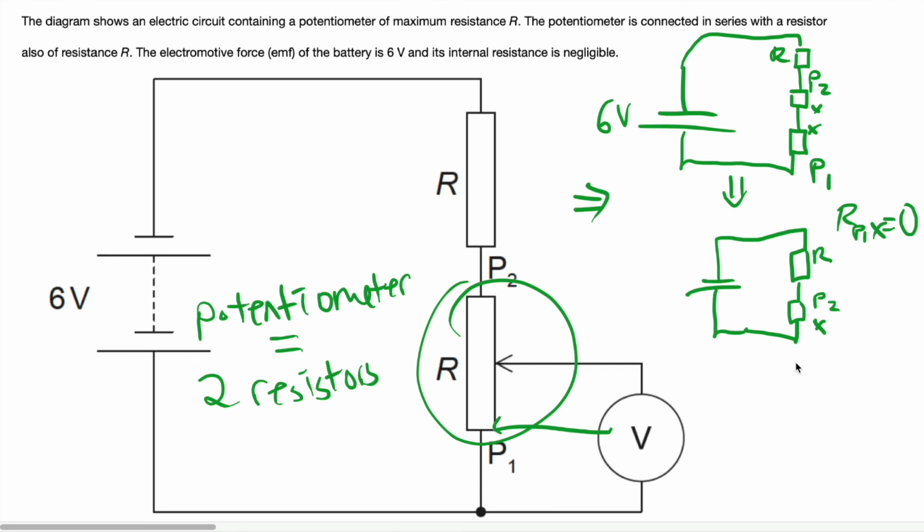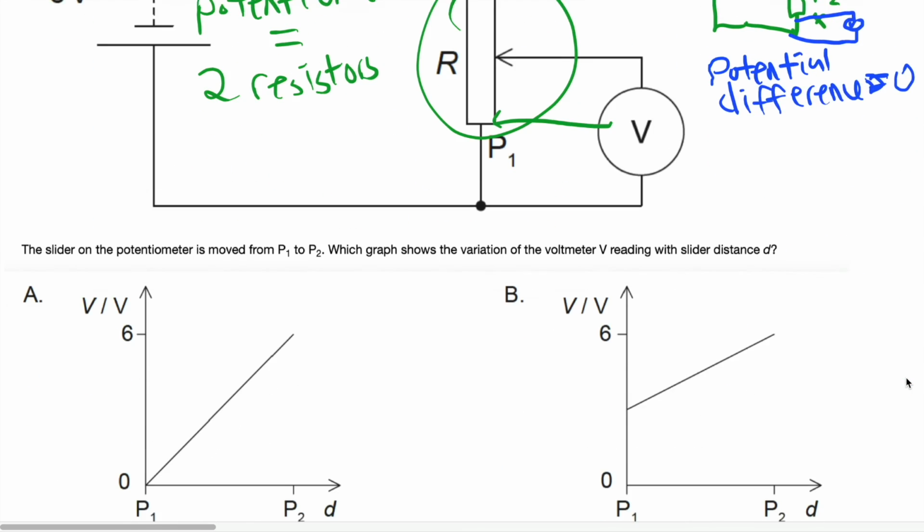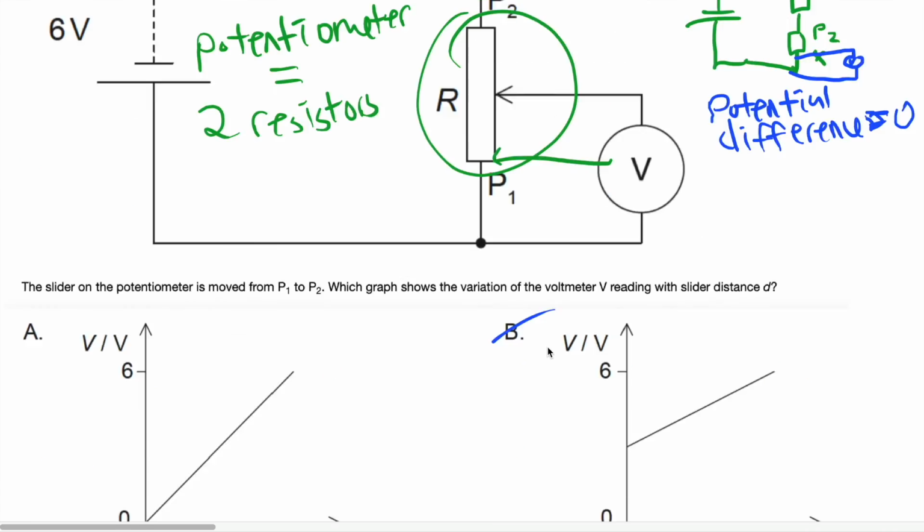So the voltmeter is connected to here. I apologize for my bad drawing. And because the resistance R sub P1X is equal to 0, the potential difference here is 0. So B and D are wrong, right?